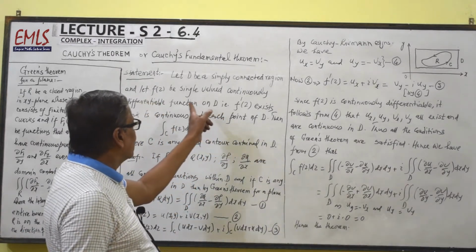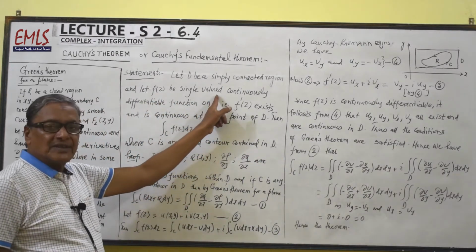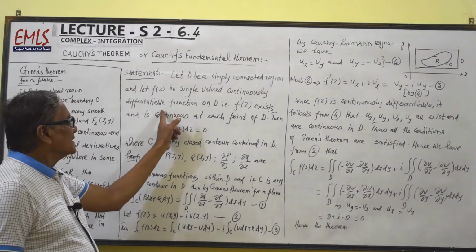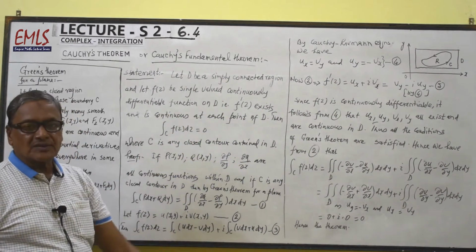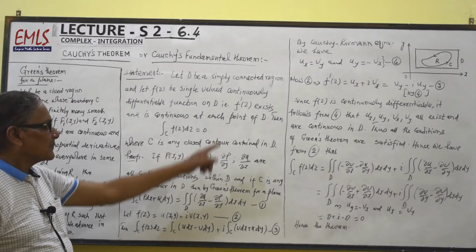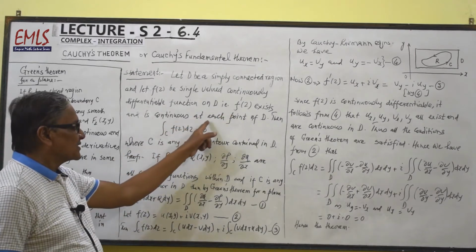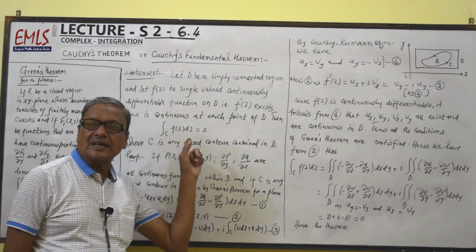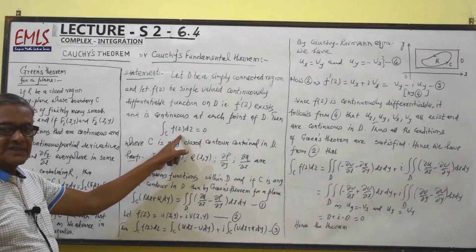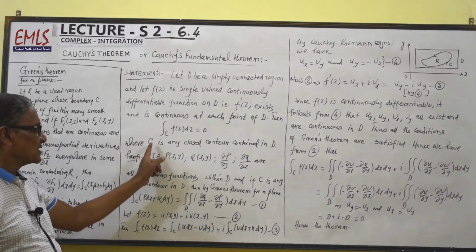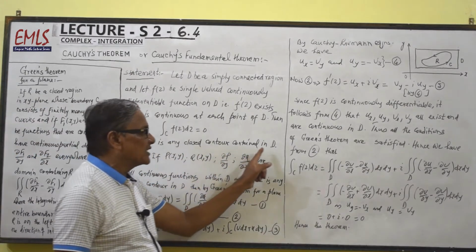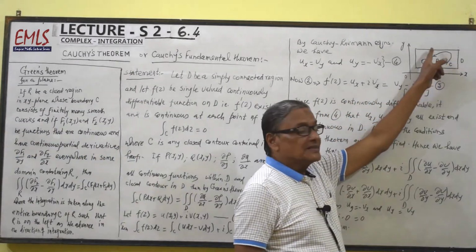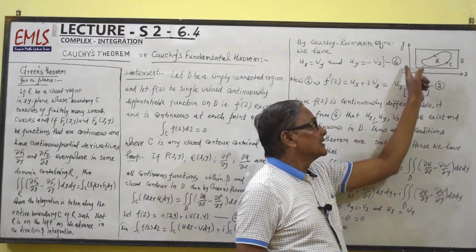So f(z) is a single valued continuously differentiable function on D, that is f'(z) exists and is continuous at each point of D. Then the line integral over C of f(z) dz will be equal to 0, where C is any closed contour contained in D. This is C, this is a closed contour contained in D.